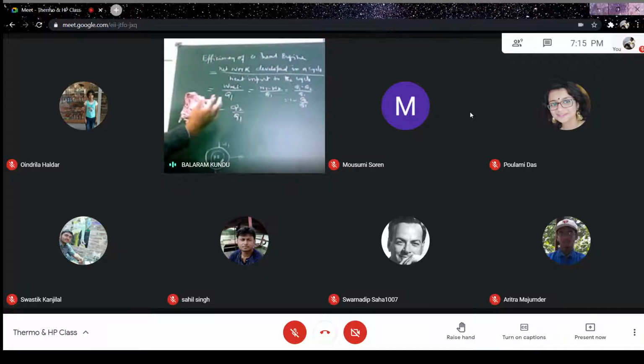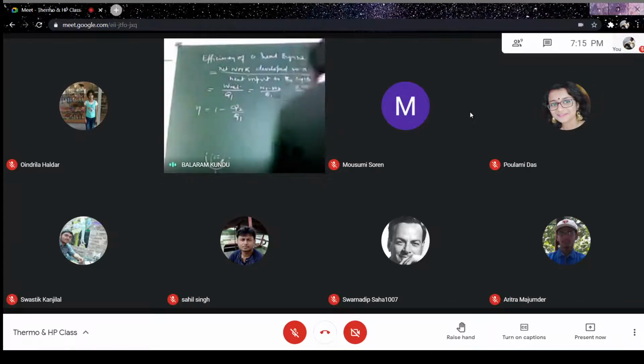We know that for reversible processes, the summation of Q by T should be zero.